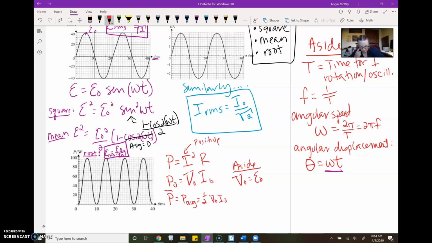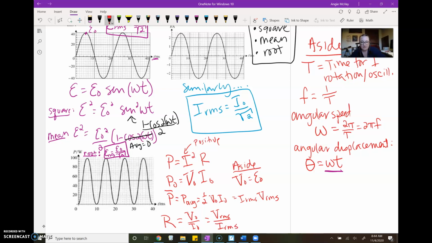And you can also do current RMS times voltage RMS, right, to get the average power. Okay, and then finally, using Ohm's law to get resistance in that circuit, you could use maximum voltage over maximum current, right? And the ratios should be the same for the RMS values of the voltage and the current.